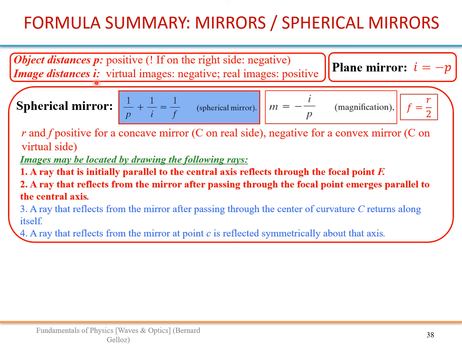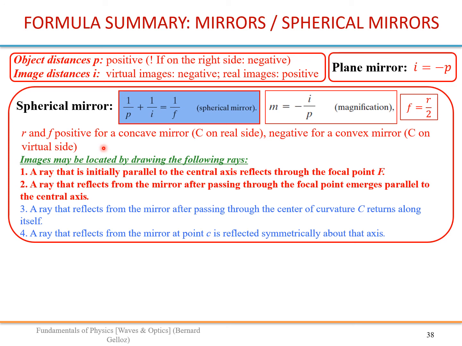Image distances are represented by the symbol I, and if they are virtual, they are taken negative, and real images are taken positive. And for the plane mirror, you have I equal minus p. For spherical mirrors, you have the p-i-f formula, and this formula for the magnification, and don't forget that the focal point is at r divided by 2.